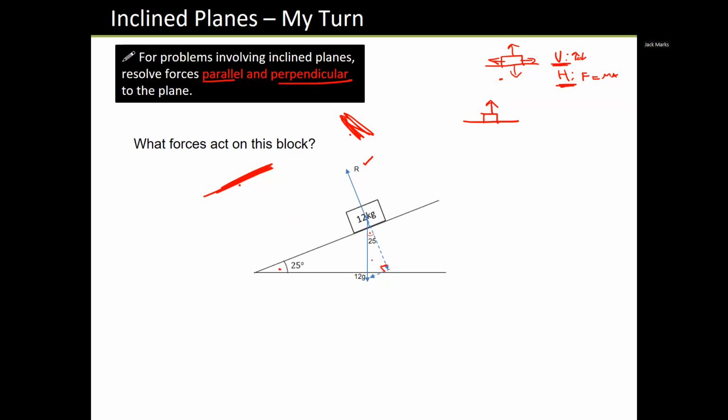Do you remember how to talk about the other sides using the hypotenuse and the angle? The one that was opposite the angle was sine. So it's the hypotenuse, which is 12g, times sine 25, 12g sine 25, sorry. And the adjacent side is 12g cos 25.